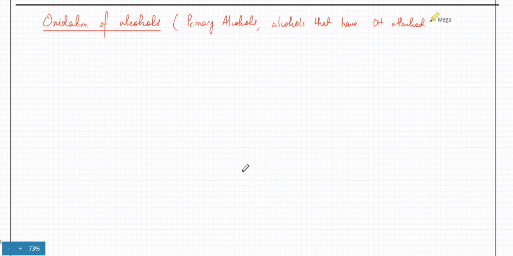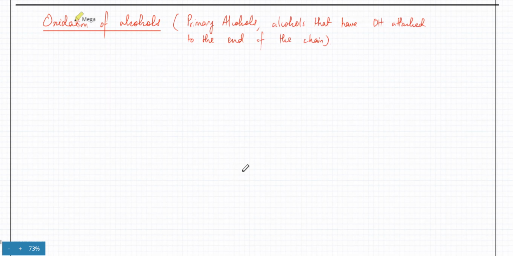So primary alcohols are alcohols that have OH attached to the end of the chain. और end का मतलब start भी हो सकता है, ठीक है? I mean both ends. Any chain has two ends. ठीक है? So that's a primary alcohol, and we're only going to talk about the oxidation of primary alcohols.